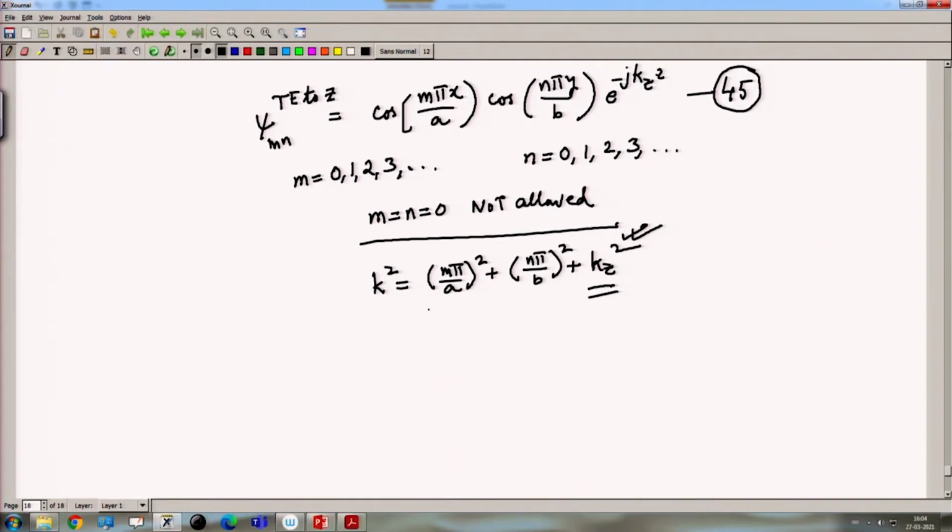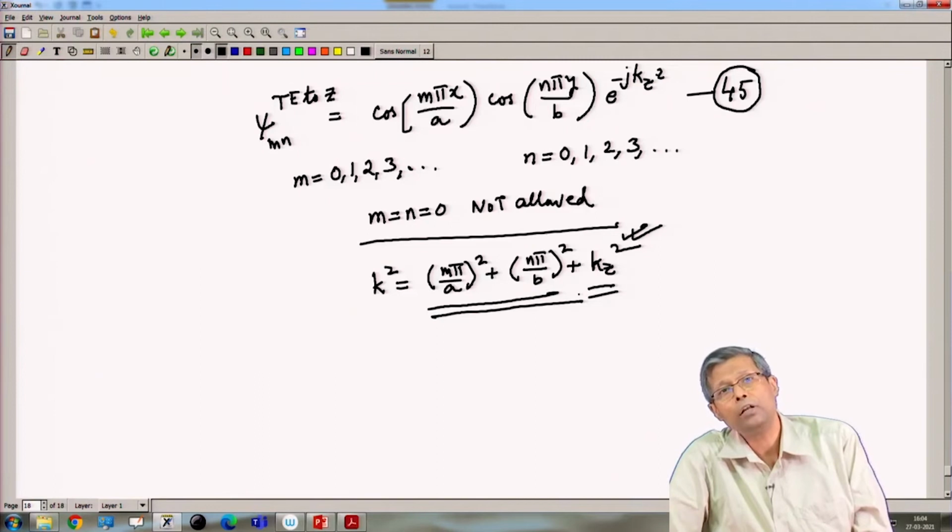and it may be that these two terms, m pi by a whole square plus n pi by b whole square, for a sufficiently high frequency may be neglected or may be small.